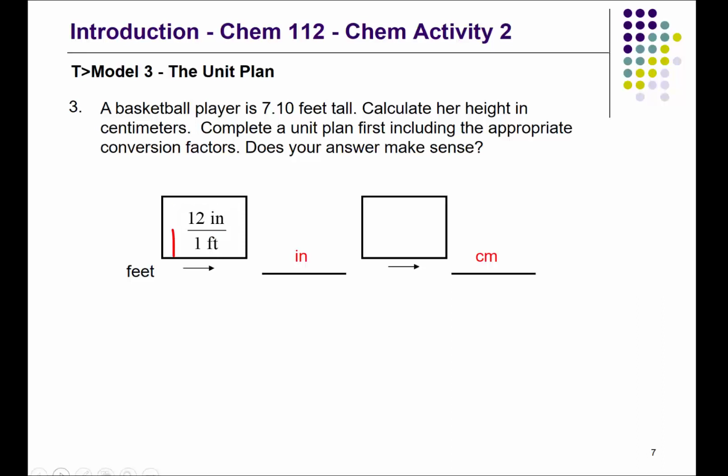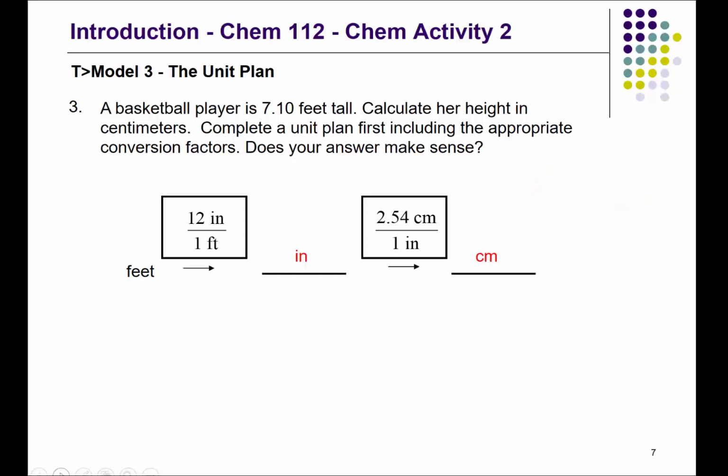I put in the denominator the unit that's going to be cancelled. Then for inches to centimeters, I put in the numerator the centimeters, and in the denominator the inches. So that would look like 2.54 centimeters per 1 inch.